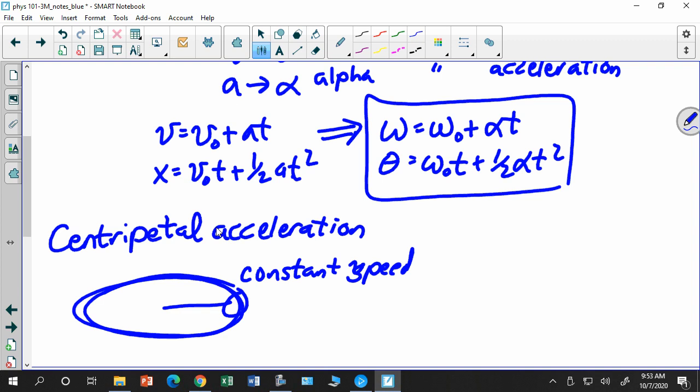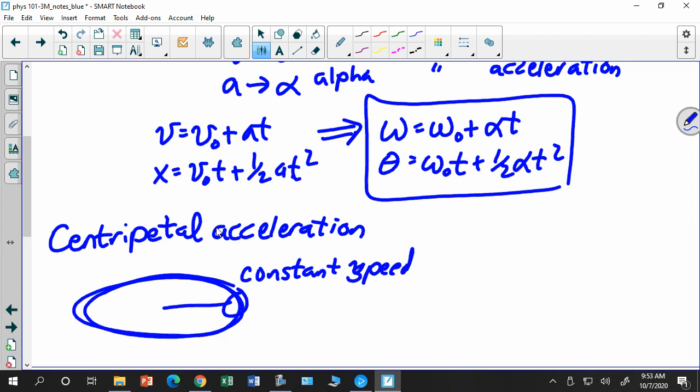Anytime I have an acceleration, I also have to have a force. We're going to call that force the centripetal force. In this case, what is providing the force that's causing this object to go in a circular path? Right, the tension in the string.